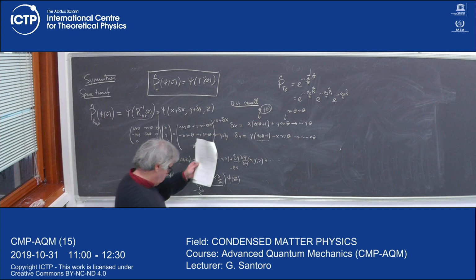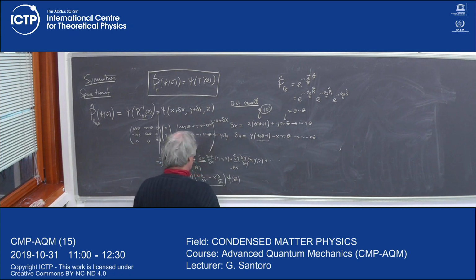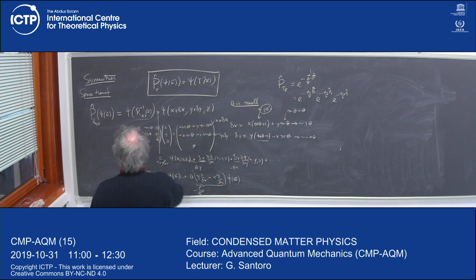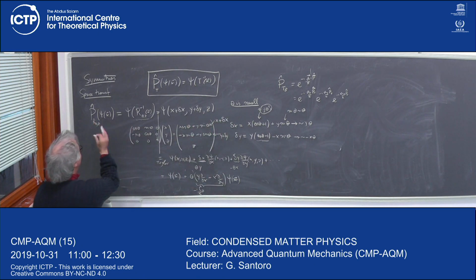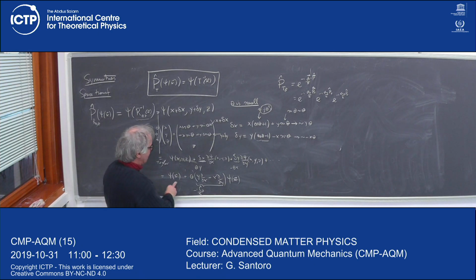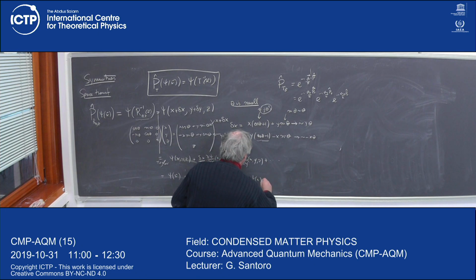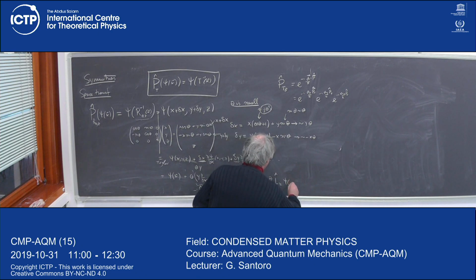Very good. So what we just proved is that the expansion to small theta of the action of this rotation by theta is in fact given by psi minus i theta over h bar, the angular momentum applied to psi.